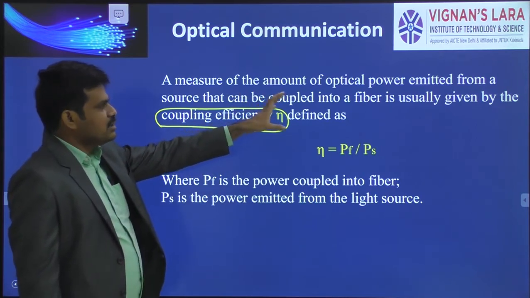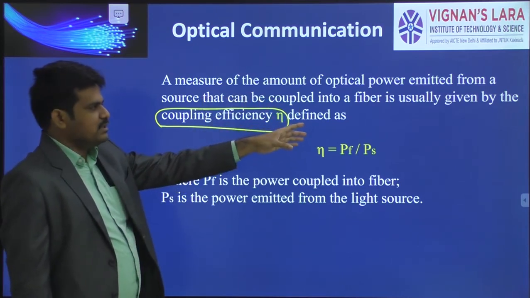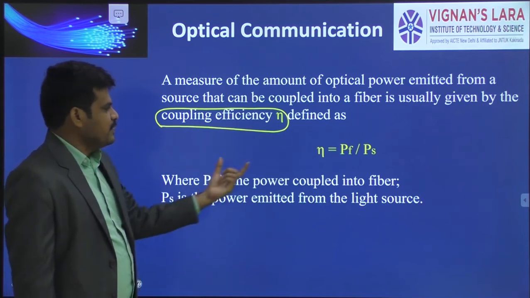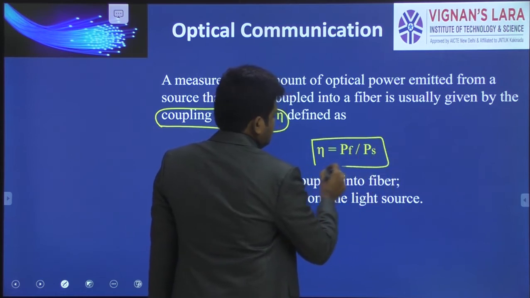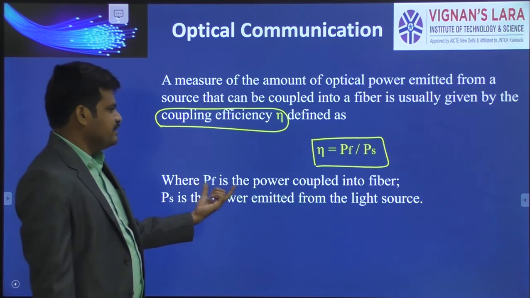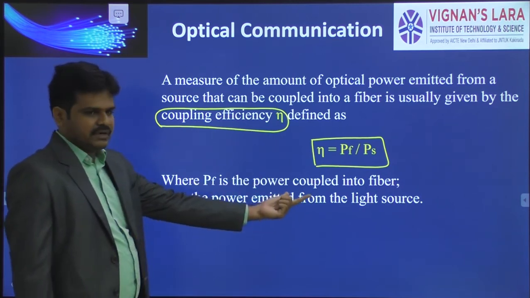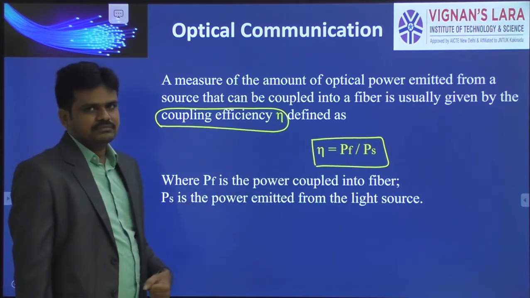It is a measure of the amount of optical power emitted from the source that can be coupled into the fiber. Generally it is expressed in terms of coupling efficiency, which is the ratio of PF and PS. What is PF? PF is the power coupled into the fiber and PS is the power emitted from the source.